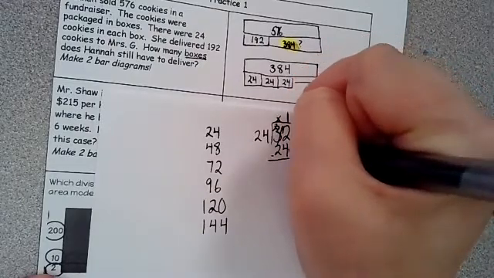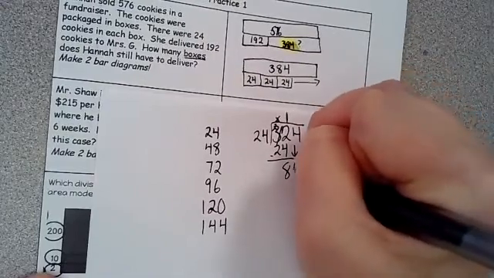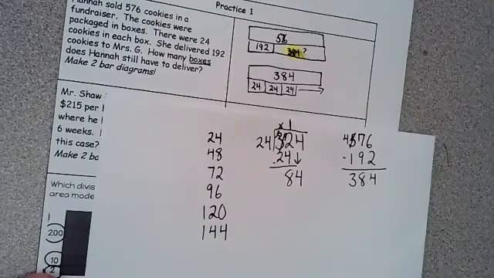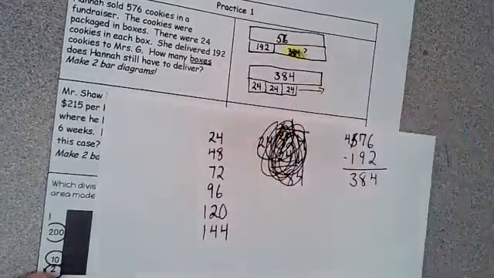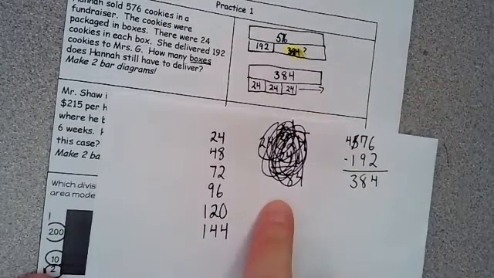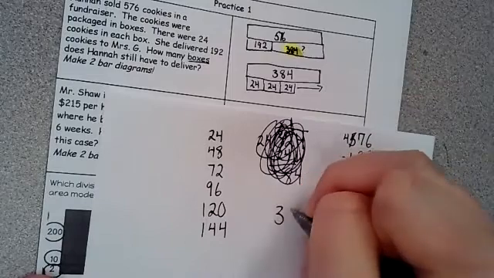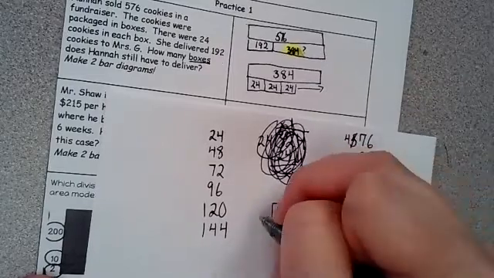This is 12. 12 minus 4 is 8. And then bring down the 4. What did I do wrong? I see what I did wrong. I apologize. Mark that out. I wrote the wrong number. I wrote 324. It's supposed to be 384. I hope you were paying better attention than I was.